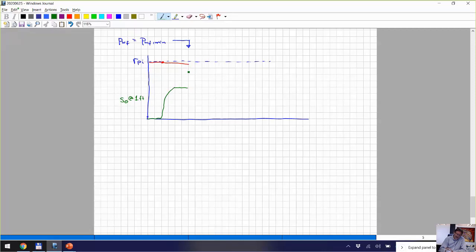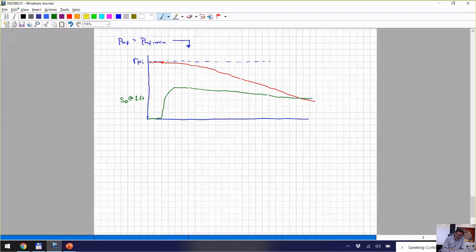Okay, now as this producing CGR drops over time, like that, the oil saturation is going to drop as well. Maybe not as much as you thought it would, but it's going to go down.